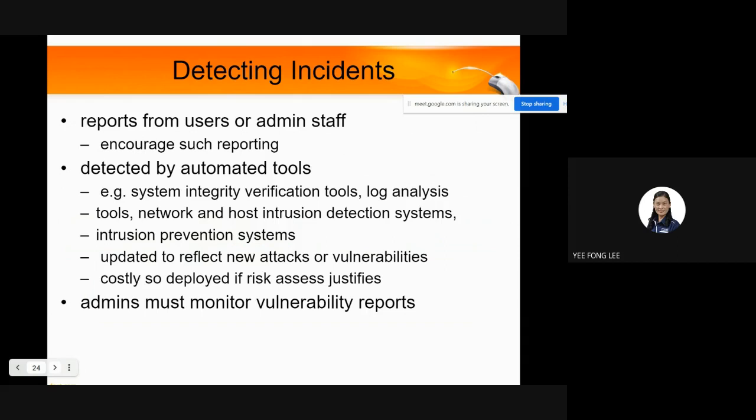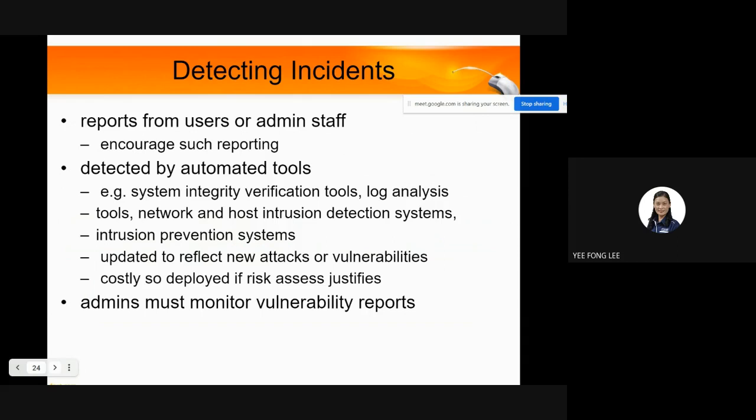So the key advantage of automated systems here is that, if regularly updated, they can be used to track changes in known attacks and vulnerabilities. Deploying this kind of tool might involve resources, monetary cost, and also personnel time.